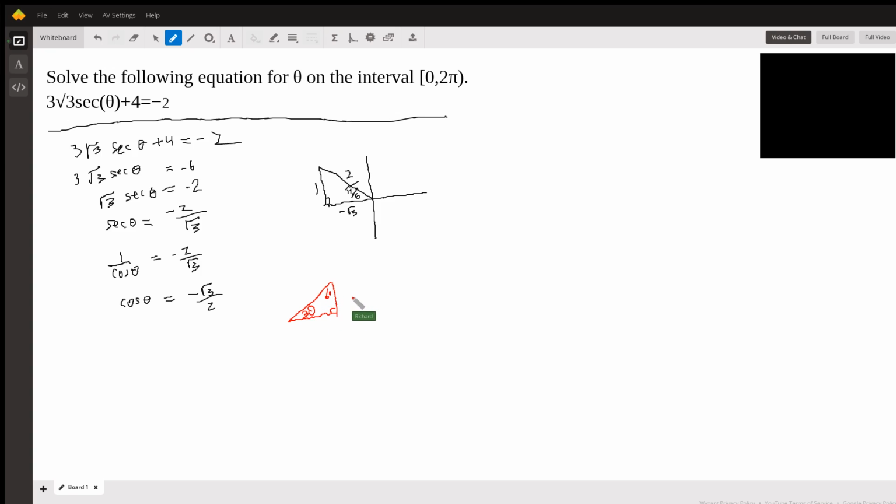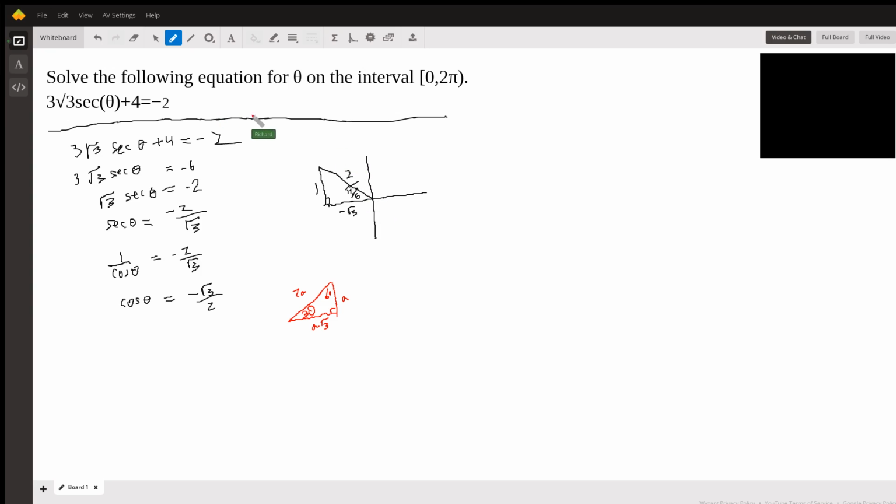So that's A, 2A, A√3. And you can see the cosine is adjacent A√3 over 2A. Okay.